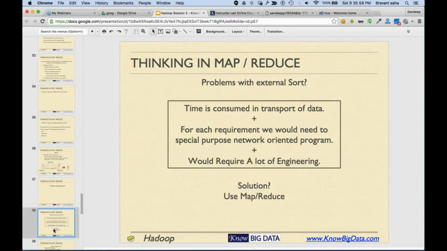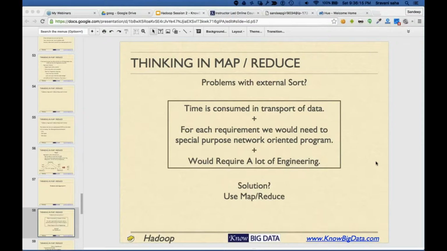Can't we use the data which is already there? Why do we need to push the data from the launcher anywhere? All we have to do is put the data into HDFS and then launch our work. And that's where MapReduce comes into play.